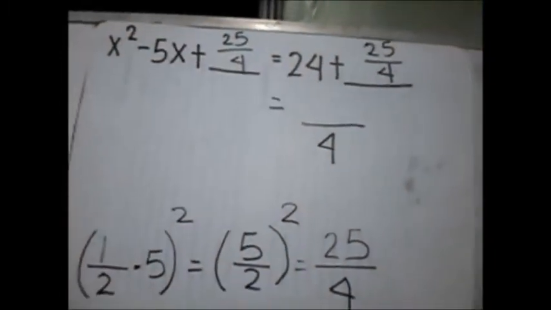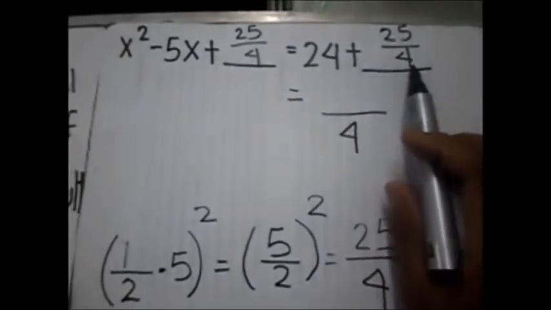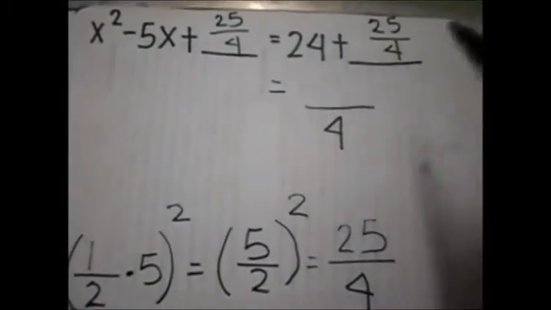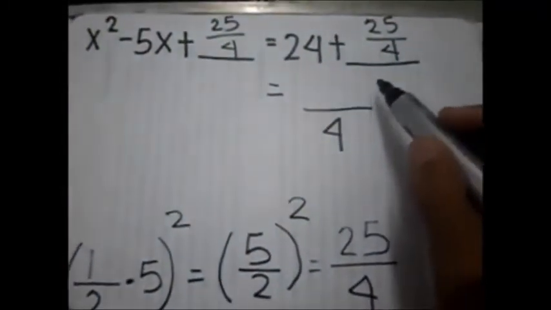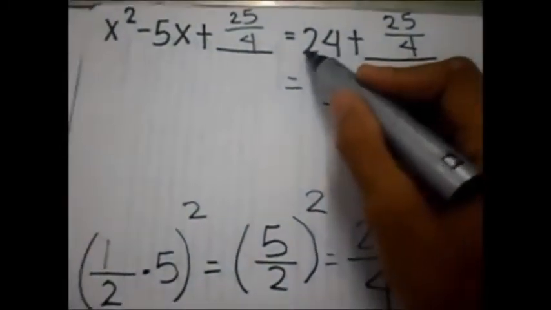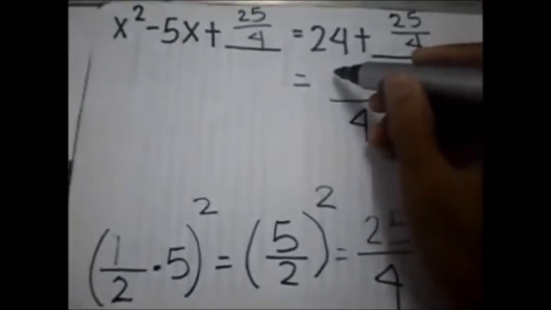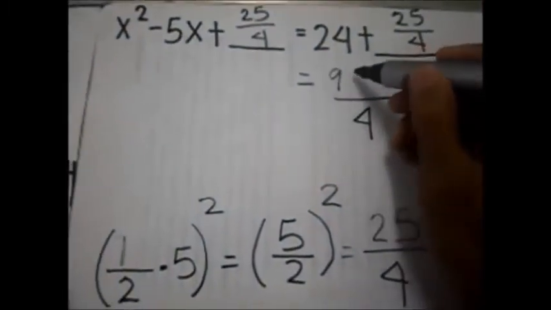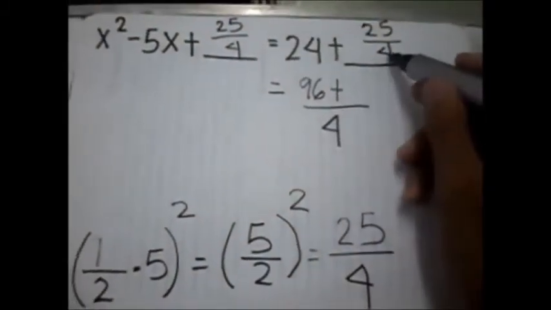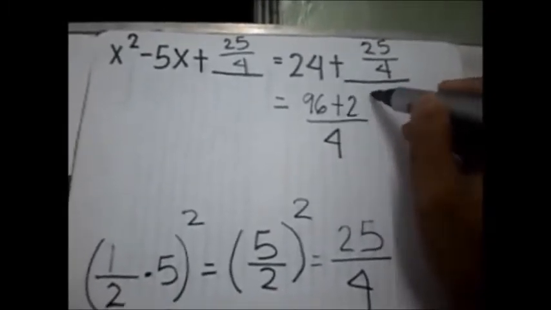Before we proceed to the third step, we need first to add the two numbers. We need first to find the LCD, which is 4. Then 4 divided by 1 equals 4, times 24 is 96, plus 4 divided by 4 equals 1, times 25 equals 25.